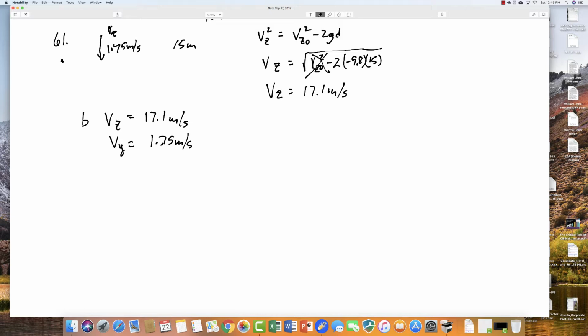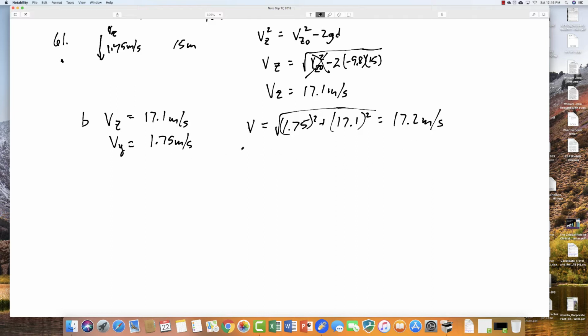So the V is going to equal the square root of 1.75 squared plus 17.1 squared. And so that's going to equal 17.2 meters per second.